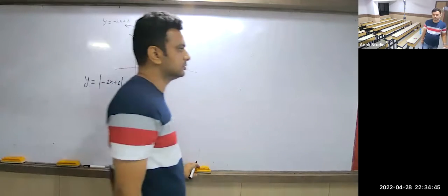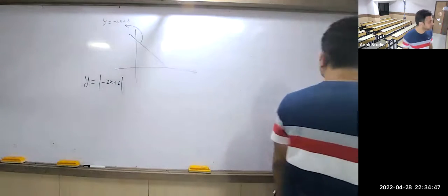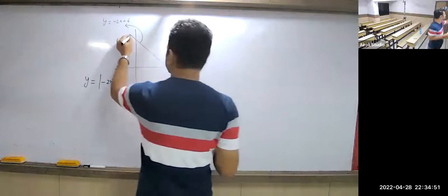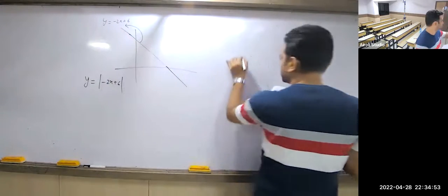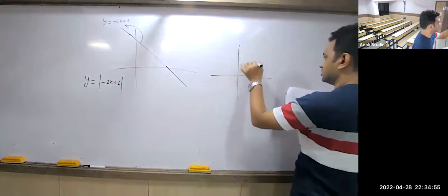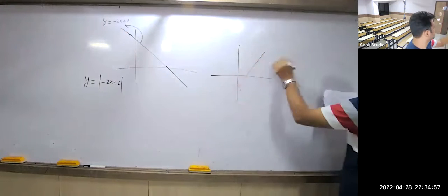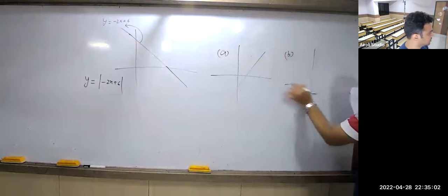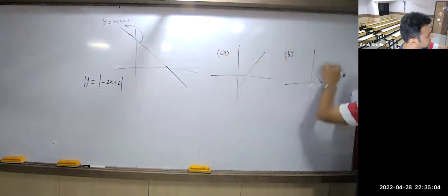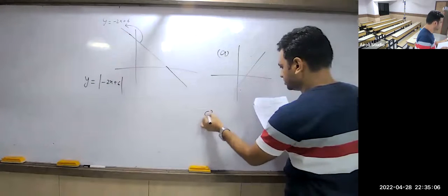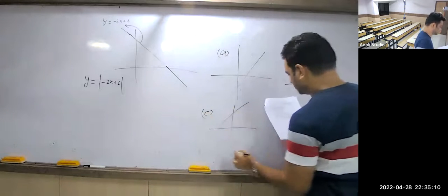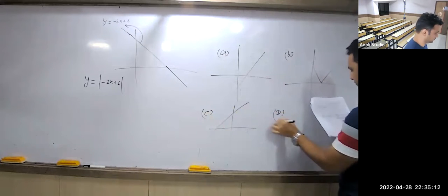So the options are: first is like this, this is option A. Then option B like this, option C like this, and option D.